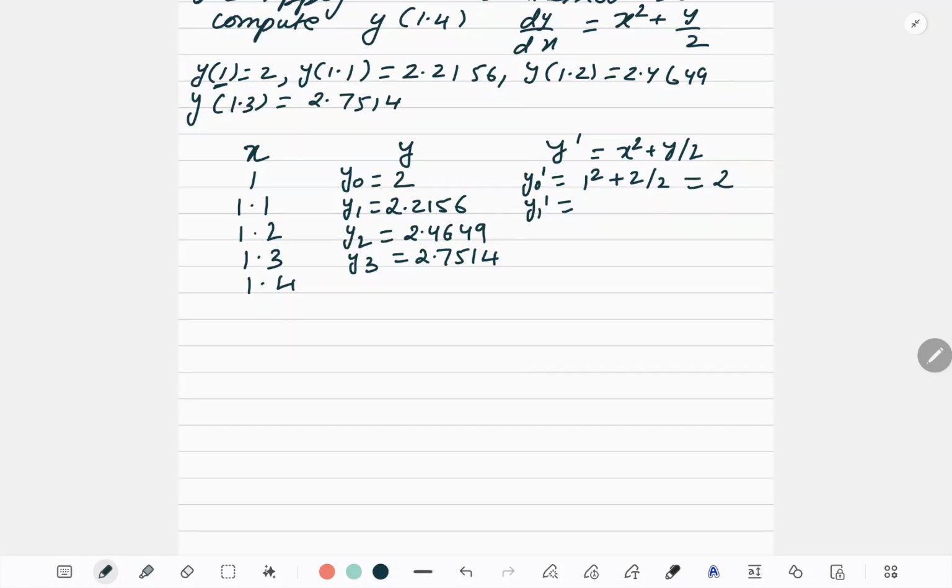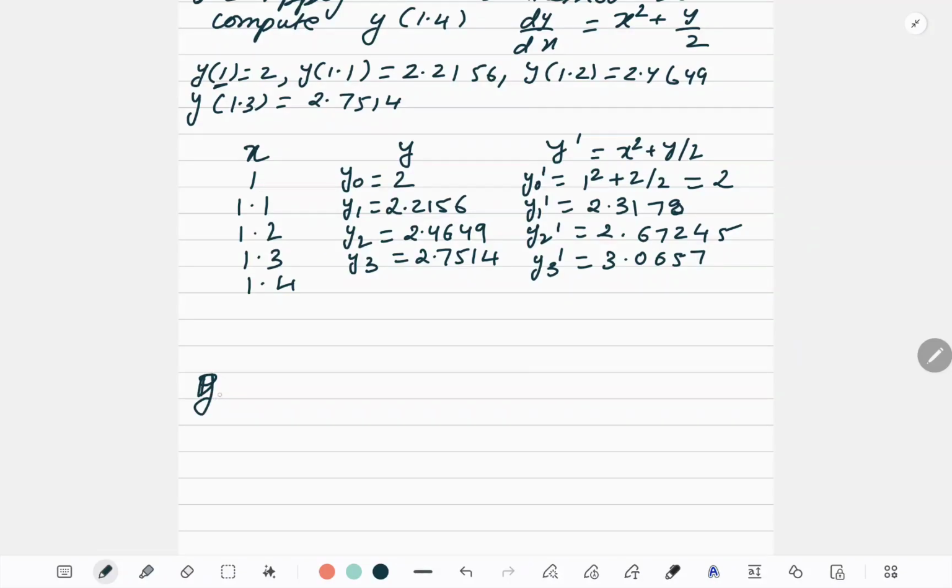Pause the video, calculate it yourself and then check. Once you get all these values, apply the predictor formula.